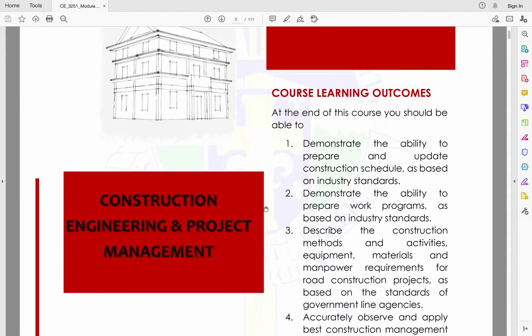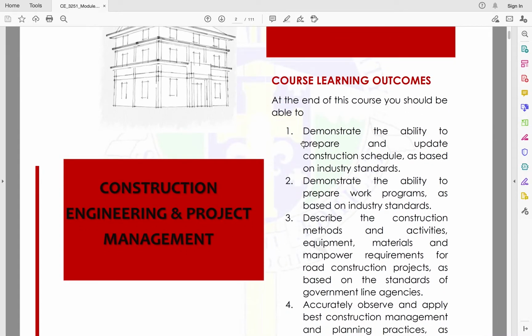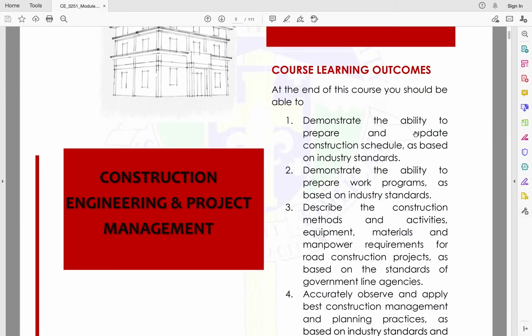At the end of this course, you should be able to, number one, demonstrate the ability to prepare and update construction schedules based on industry standards. Number two, demonstrate the ability to prepare work programs based on industry standards.